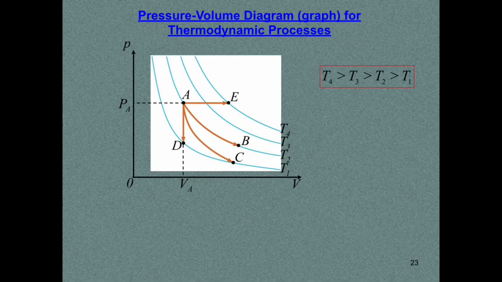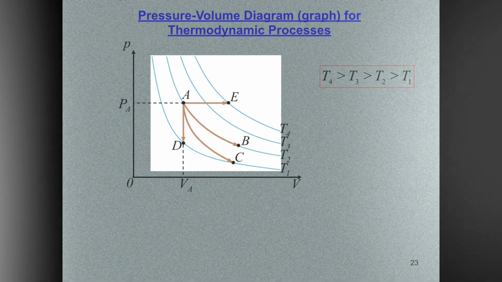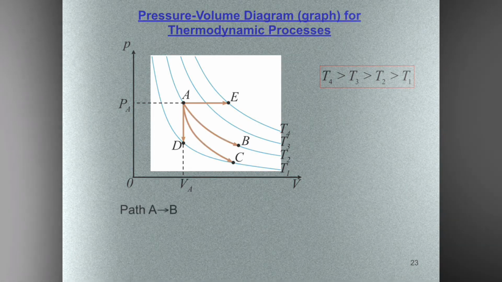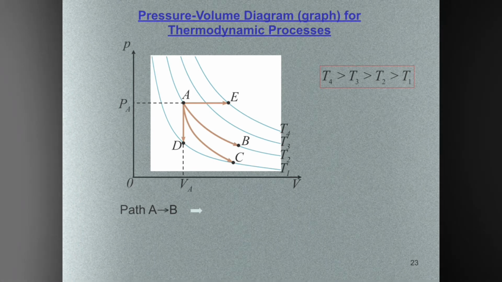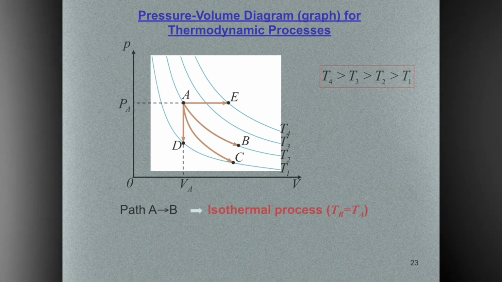Okay, look at this graph, PV graph. For thermodynamic processes, we have 4 temperatures here, where T4 is greater than T3, greater than T2, and greater than T1. And then we have process AB, where it lies on the same blue line, so it is an isothermal process.